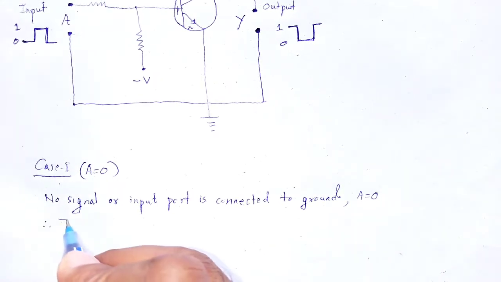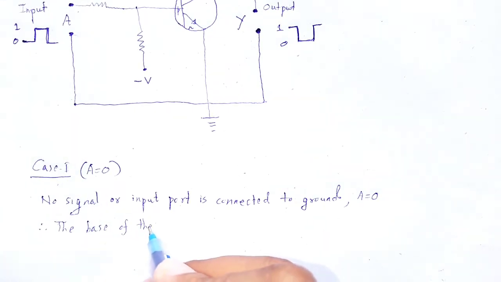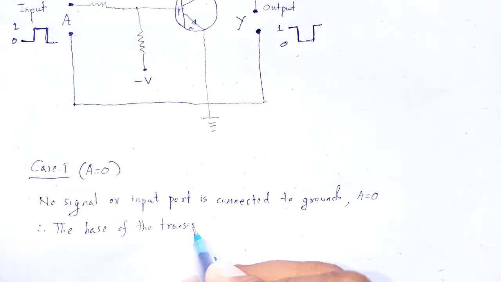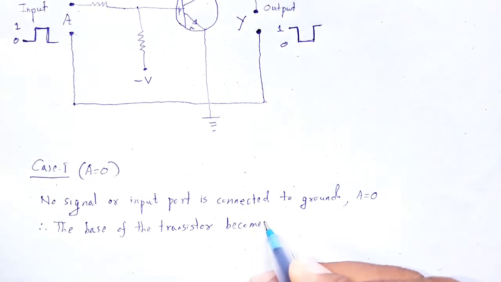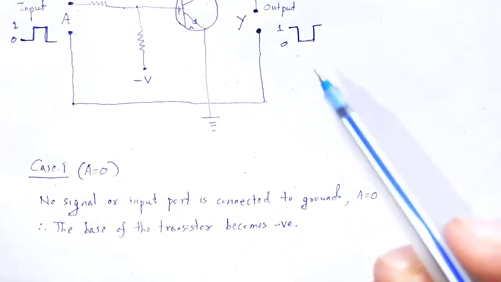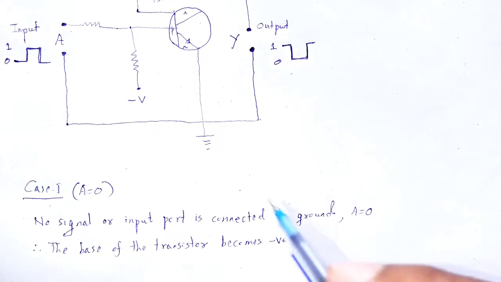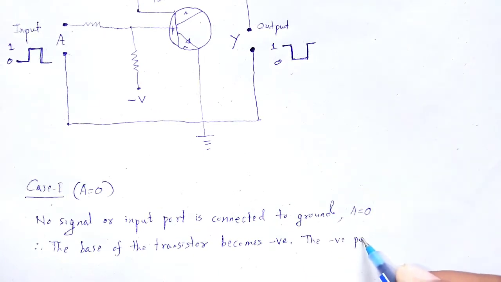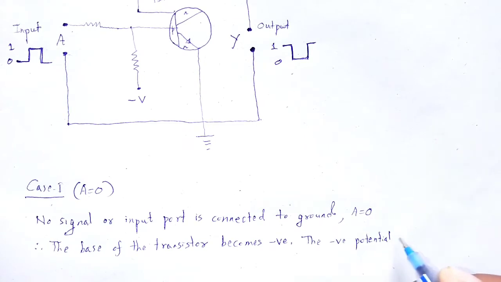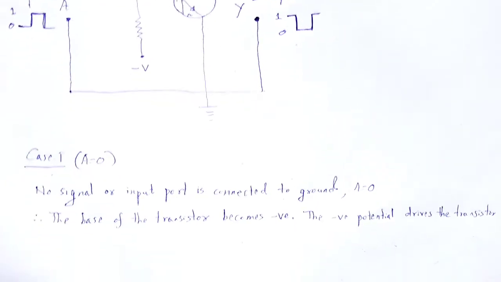Therefore, the base of the transistor becomes negative. Since the base of the transistor becomes negative, that negative potential drives the transistor to cutoff condition.